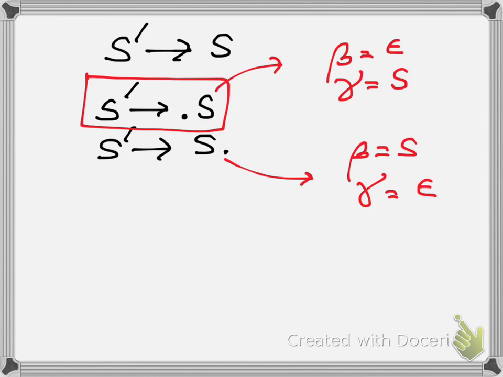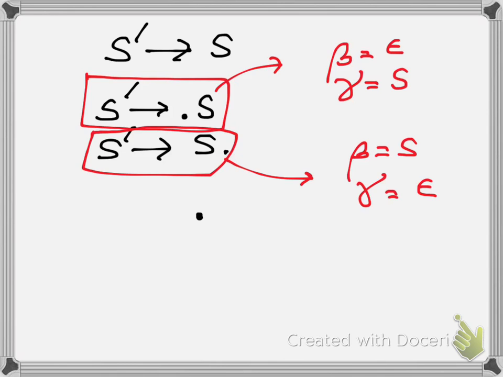In the second item, you have already seen S and then you are at the end. So this dot marker will indicate what point you have reached in scanning the right hand side of a production. That is what an item is.